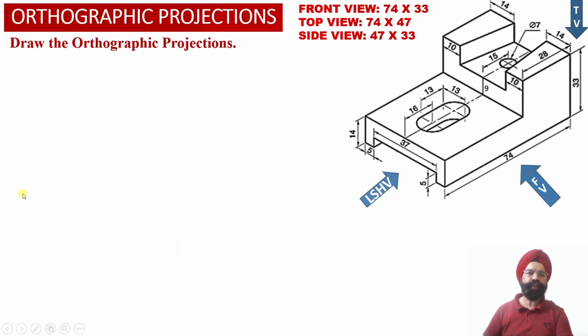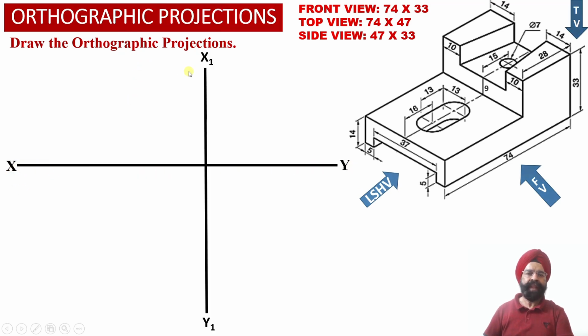In order to obtain the orthographic projections of this solid, we have drawn the XY reference line and the X1 Y1 reference line, and we have also obtained the transfer line originating from the intersection of the XY reference line and the X1 Y1 reference line.